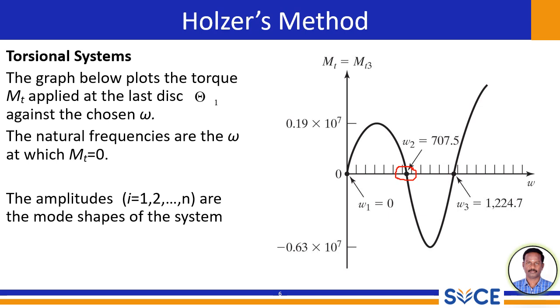In this example, we see 3 natural frequencies: first ω1 is 0, second ω2 is 707.5 Hz, third ω3 is 1122.47 Hz. Further, the amplitudes of the angular displacements we calculated for each disk at these specific natural frequencies represent the mode shape of the system, giving us insight into how the system vibrates at each of the natural frequencies.